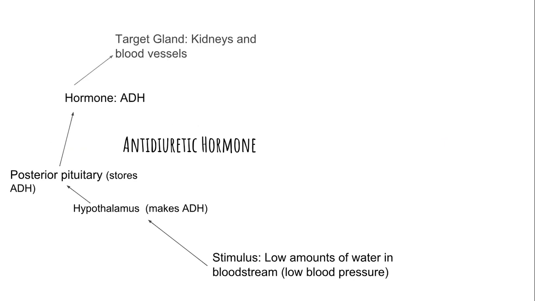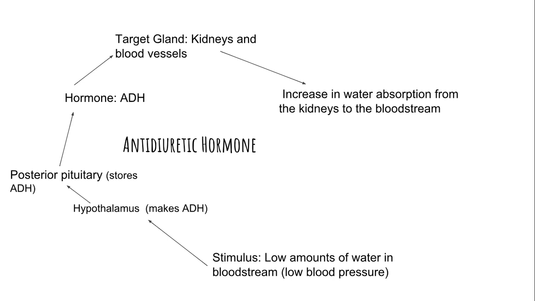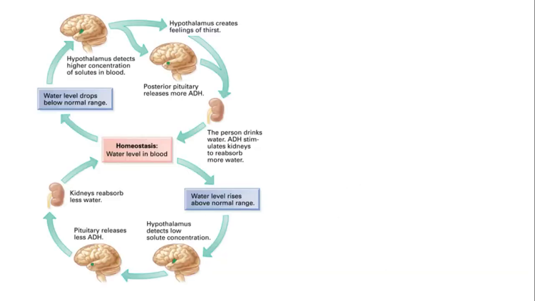Once ADH is secreted, it targets the kidneys and the blood vessels, and it increases water absorption from our kidneys to our bloodstream. Unlike aldosterone, which moves sodium first, the antidiuretic hormone works solely on moving water back into the bloodstream. Once we've moved enough water back, that beautiful homeostasis is returned.